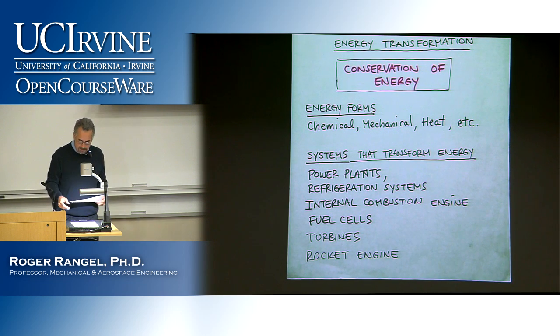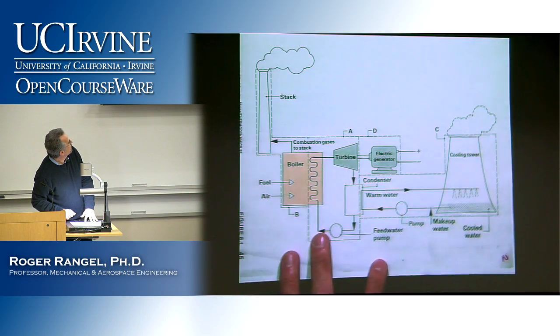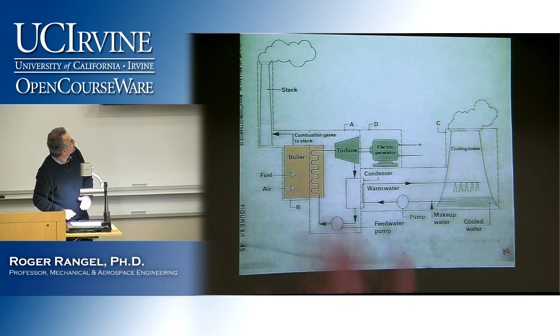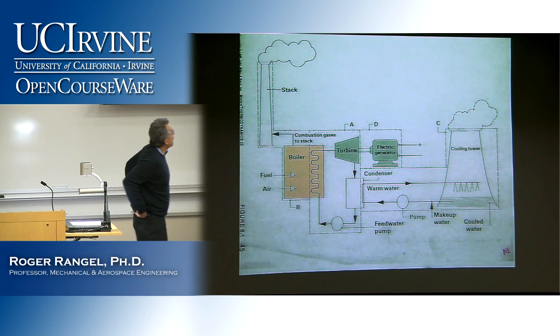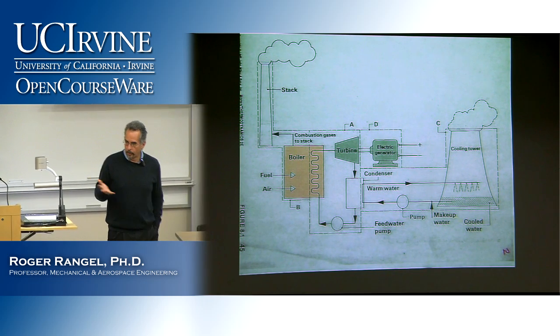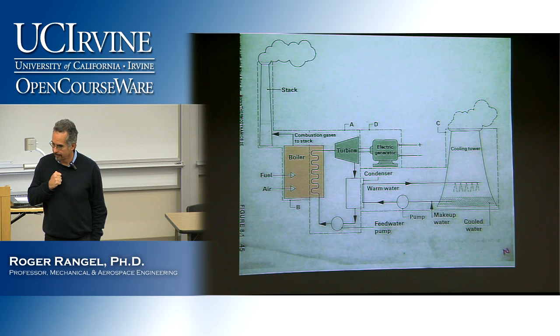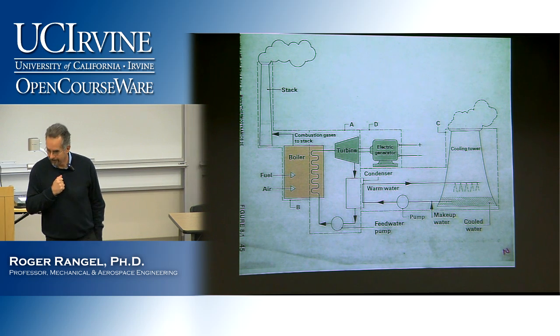So as I said, the video was just one example, but here's another one. Here's a typical schematic of a power plant. What is this power plant doing for us? Generating electricity.